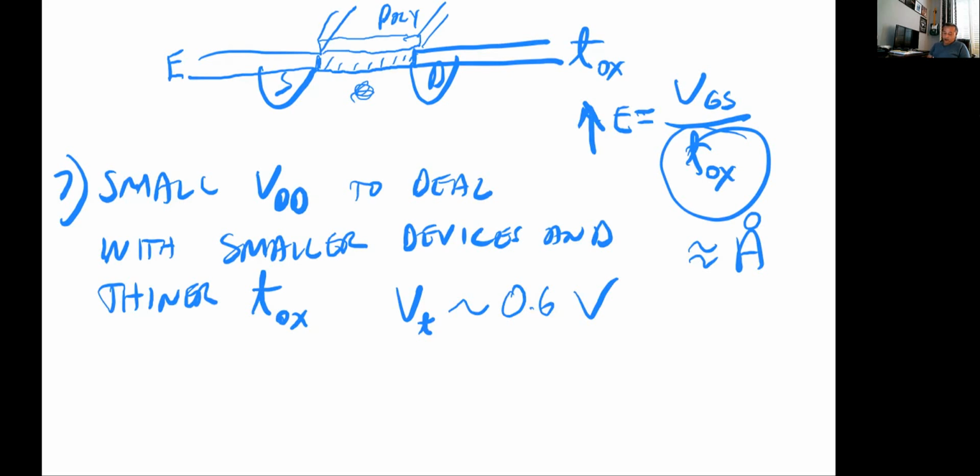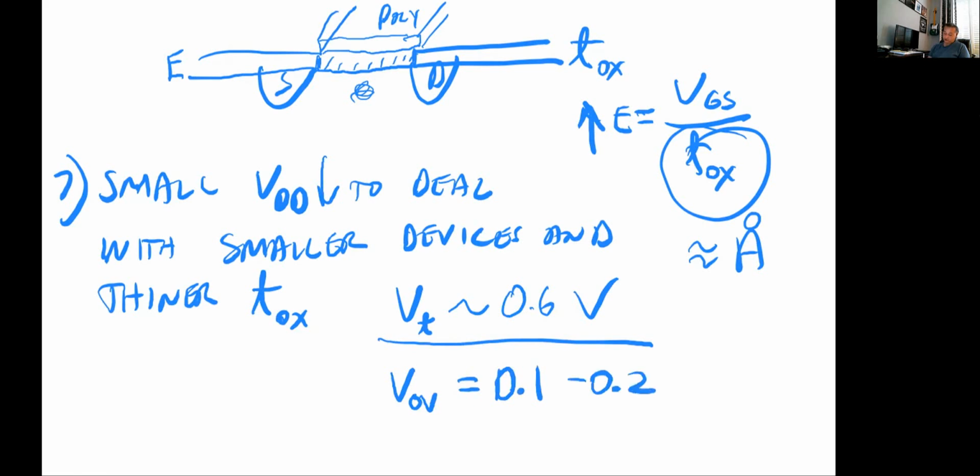Therefore, if we cannot change VT, but we are reducing the supply voltage, that means that the overdrive voltage that we can be above VT before we get to VDD is going to be really small. That's going to be in the range of 0.1 to 0.2 volts, okay?